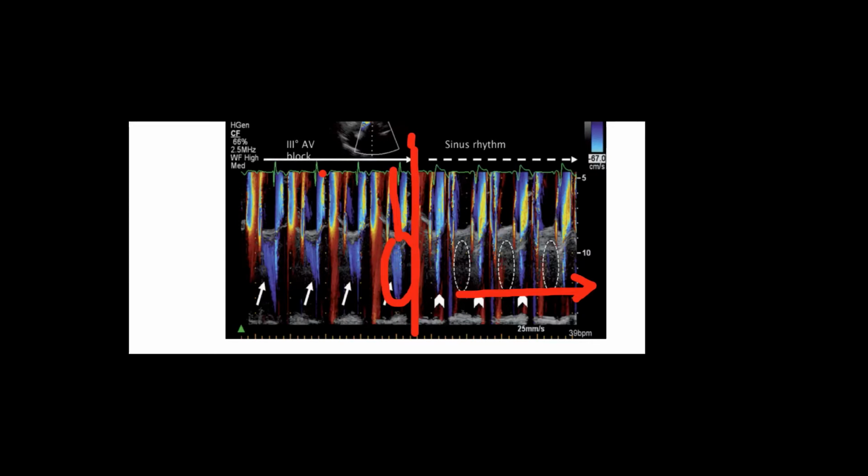Here it was complete heart block with prolonged PR interval. Complete heart block with prolonged PR interval can create diastolic MR, and it disappears when you restore the sinus rhythm and the normal interval between the segments. Okay.